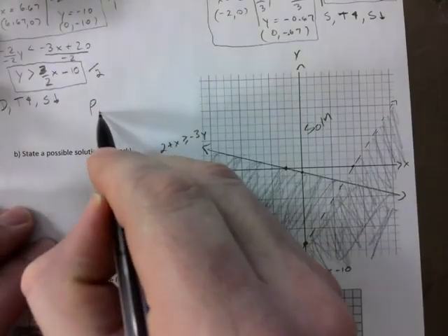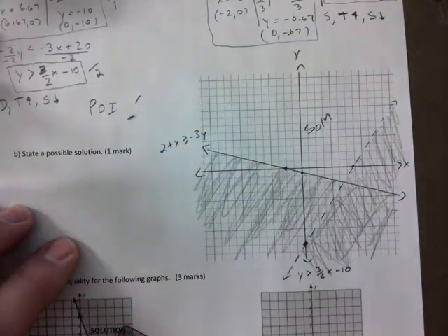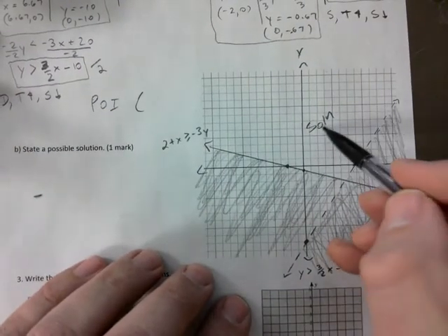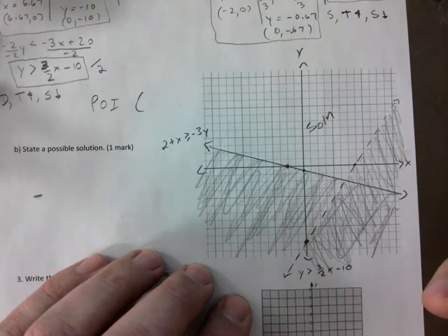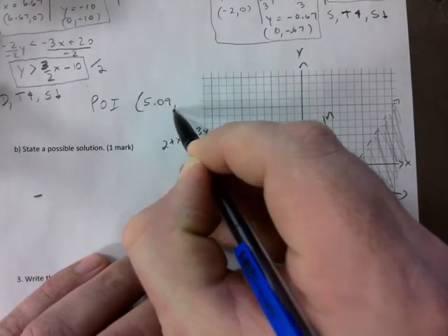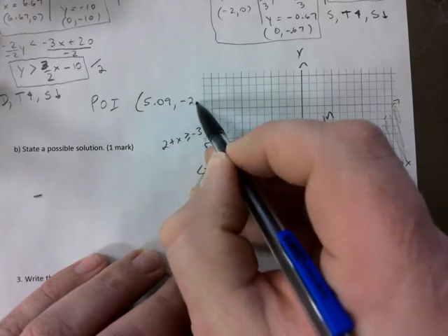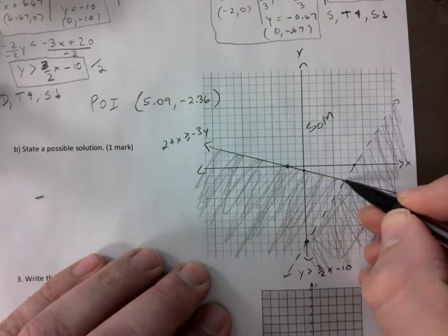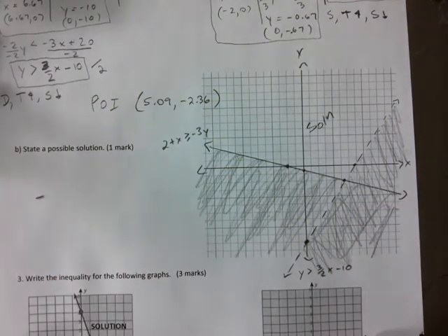Point of intersection. You get 3 marks for the graph, provided the solution is labeled, everything is labeled. Point of intersection, I'm going to fast forward. That one is 5.09, negative 2.36. That's a full mark for that one. You have to use your calculator to find that intersection there.